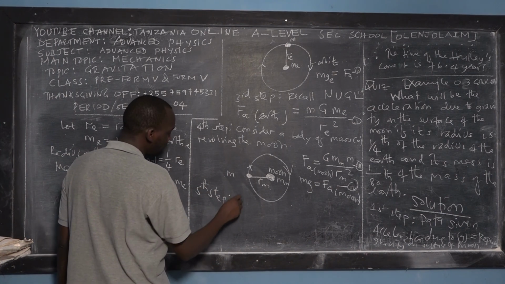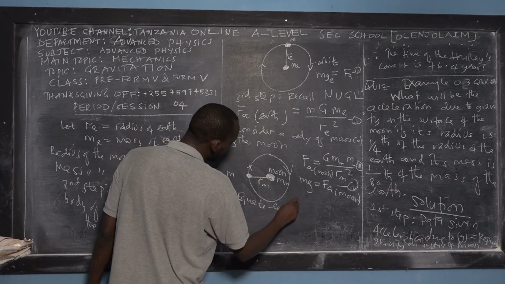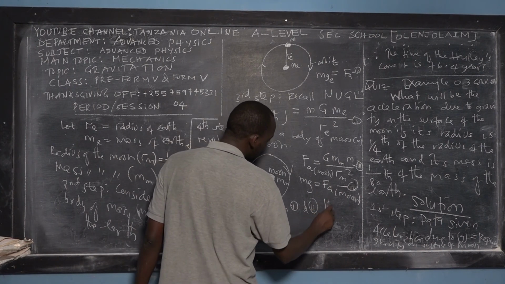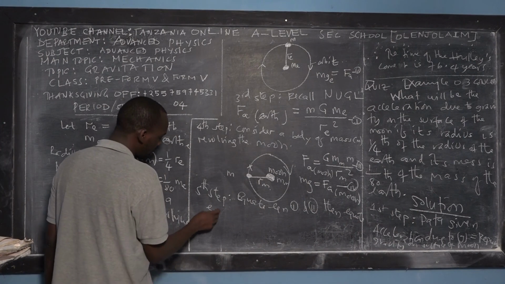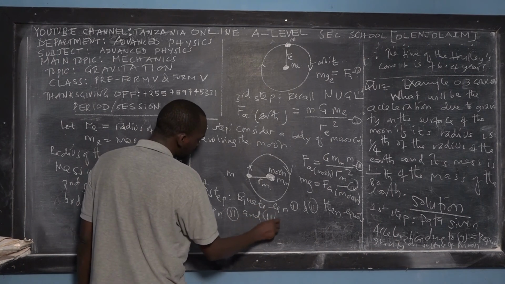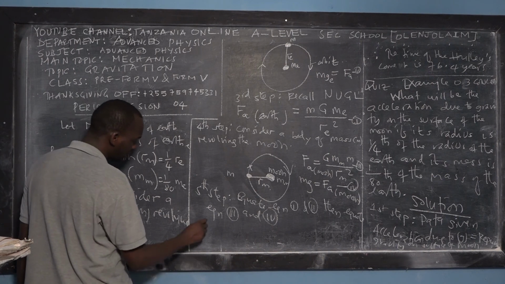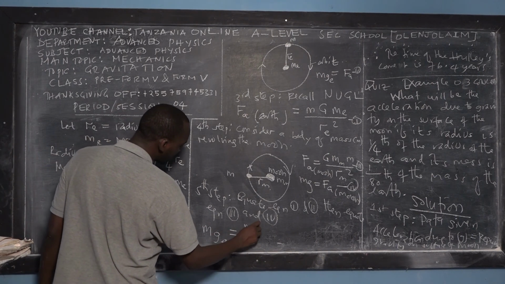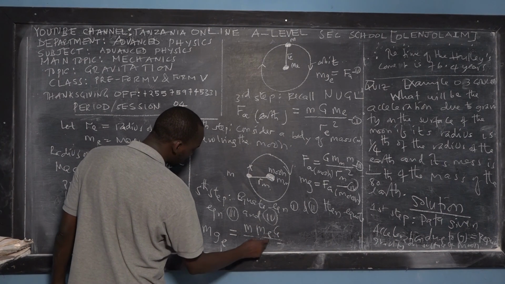We equate equation 1 and 2. Then we have to equate equation 3 and equation 4. So equation 1 and the weight, mg on the S surface, is equal to mass of the body, mass of the S, gravitational constant, over radius of the S squared.